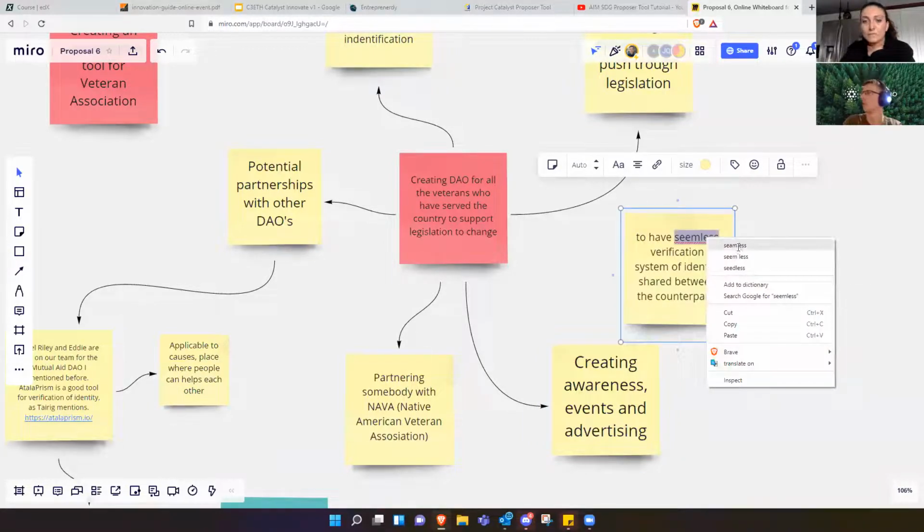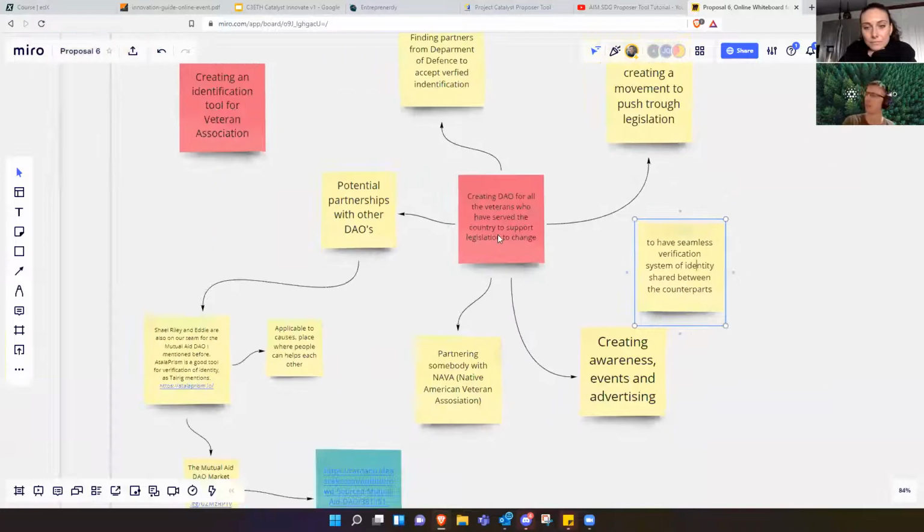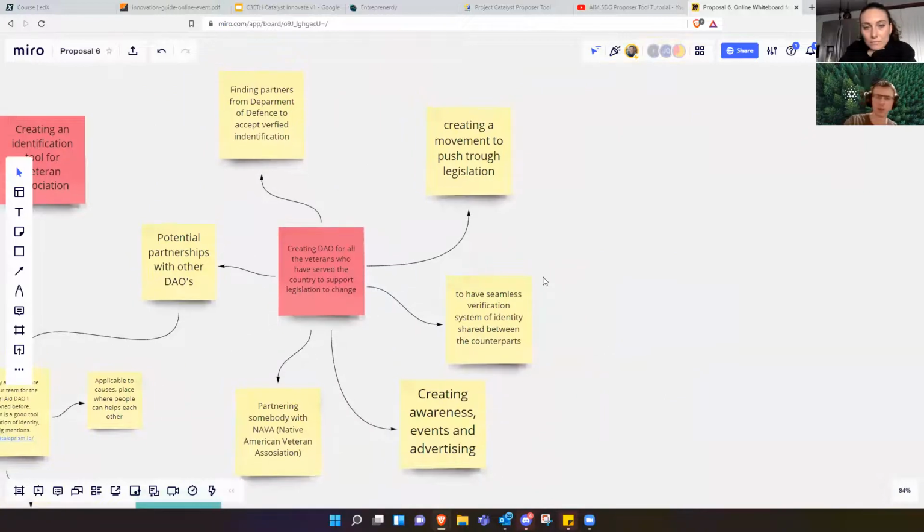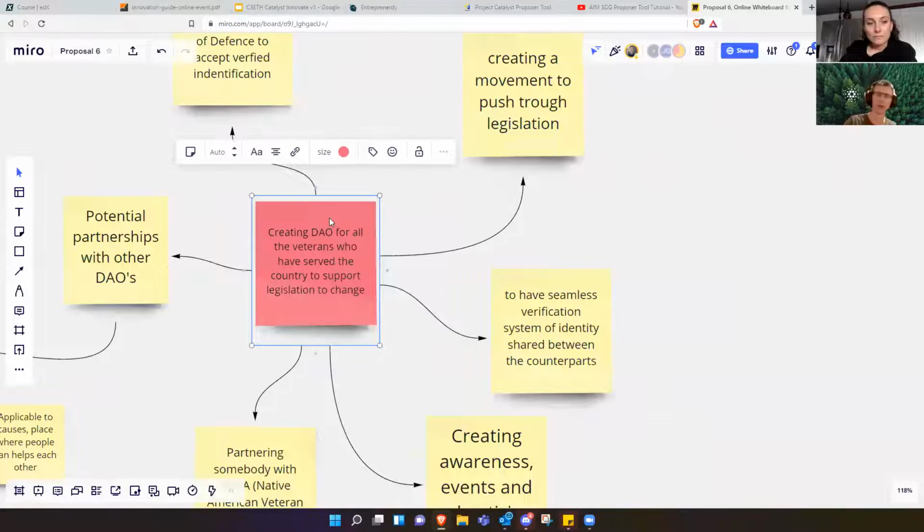Why I split it up is because in IdeaScale you have only 140 characters for the solution, so I only selected one of the reasons for the proposal solution.